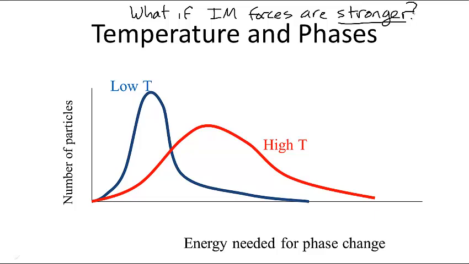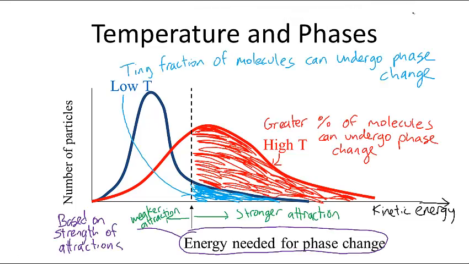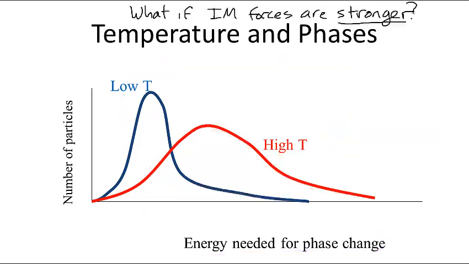How is that going to change my graph from the previous slide? All right, there's going to be fewer particles able to undergo the phase change. Why? Which parameter is going to shift? The energy needed for phase change.